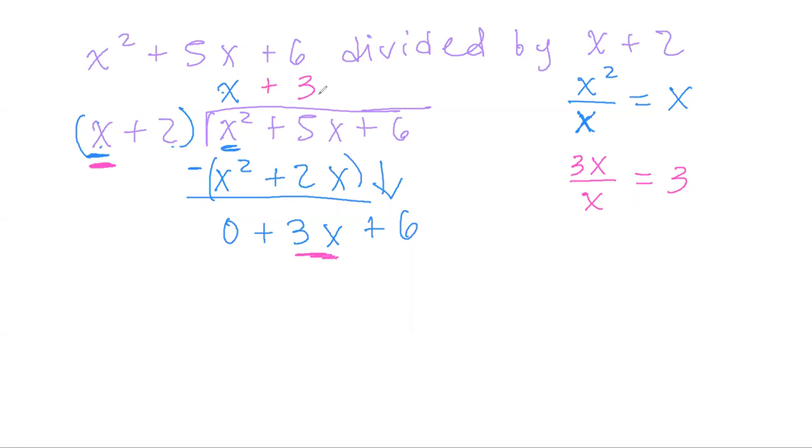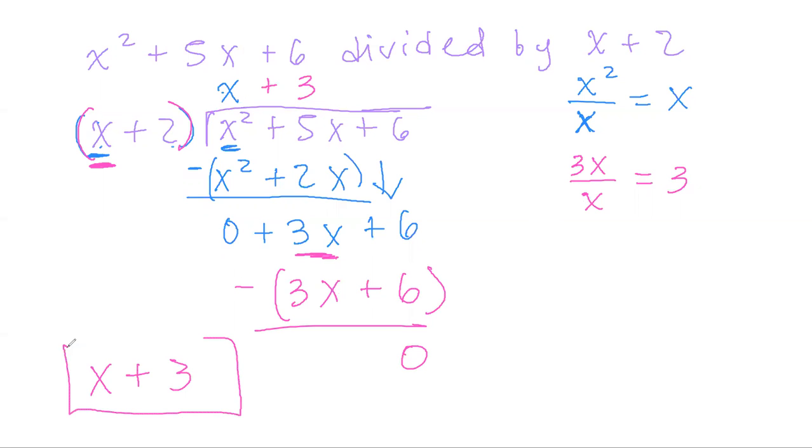So again, I multiply 3 with x plus 2. So I have 3x plus 6. And I subtract these, like from here, and I get 0 as my remainder. So my answer ends up being just x plus 3.